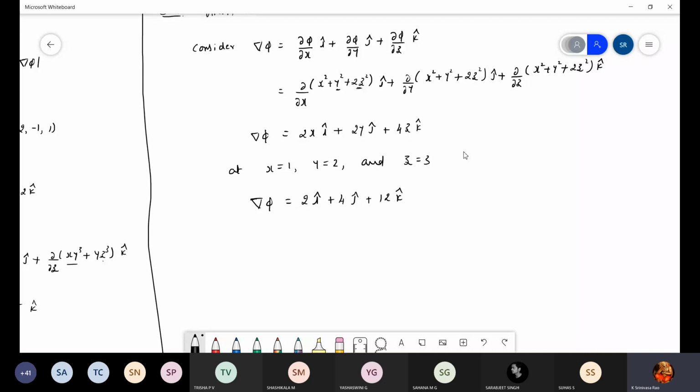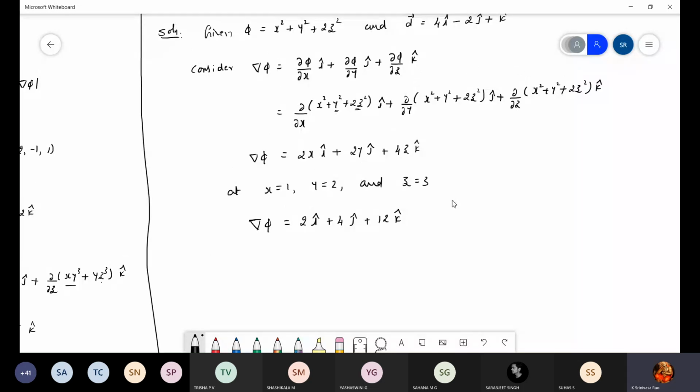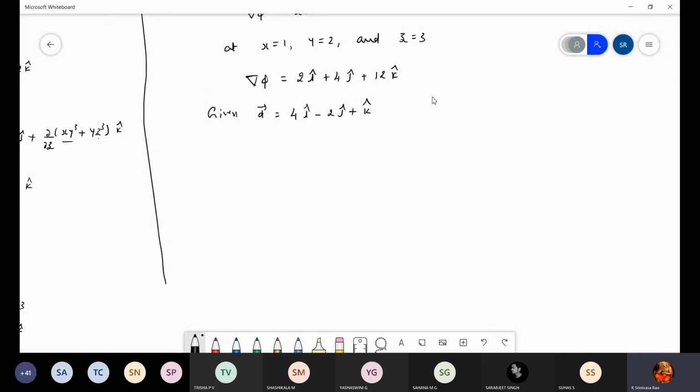Next, given D equals 4i minus 2j plus k. So what is its magnitude? Magnitude of D equals root 21. 4 square plus 2 square plus 1 square.